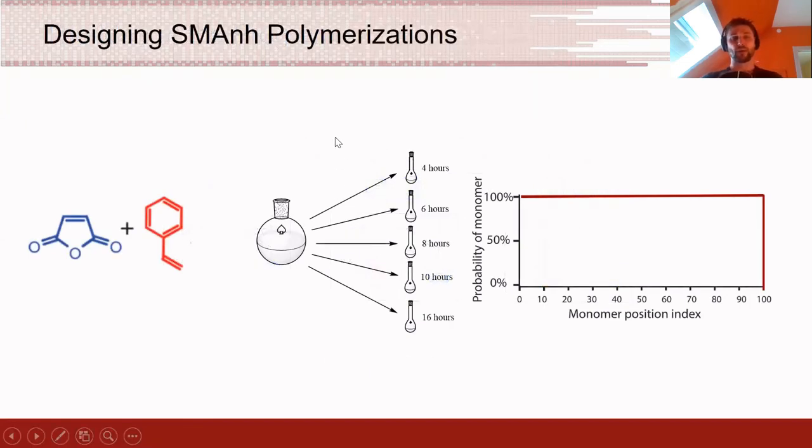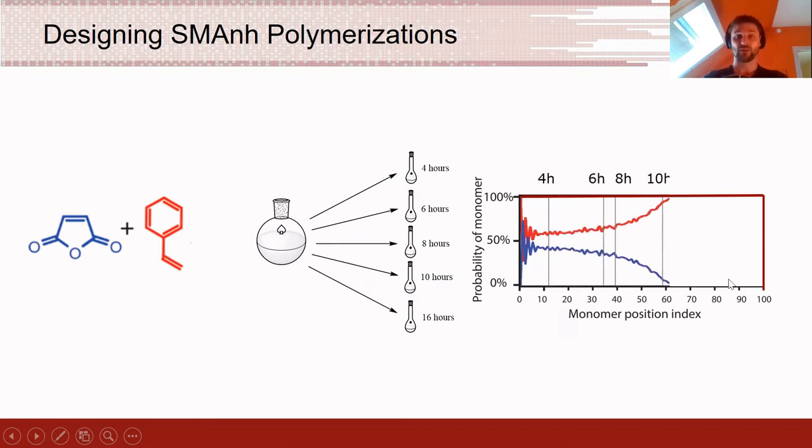So with this tool, I started playing around with the styrene maleic anhydride copolymerization. And since this had a very big drift, and as I said very early on, that is very alternating, the easiest way to play around with a composition drift was to have a huge batch in the beginning, split it up in 5 parallel reactions, and stop it at different times.